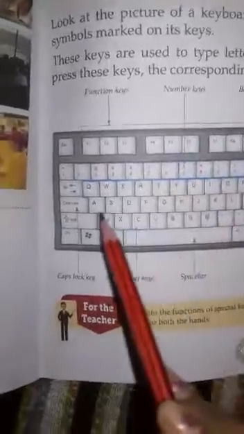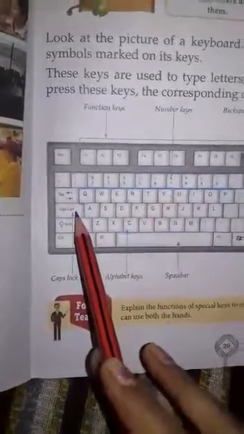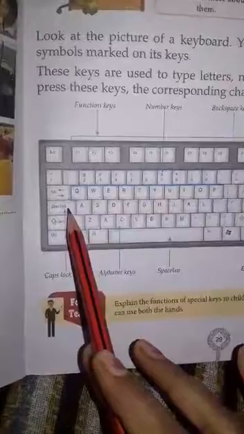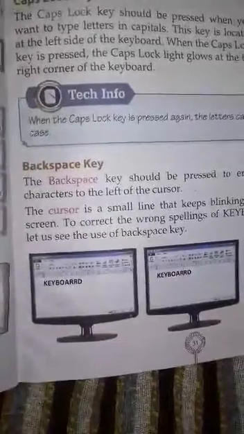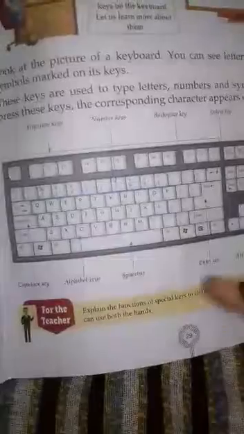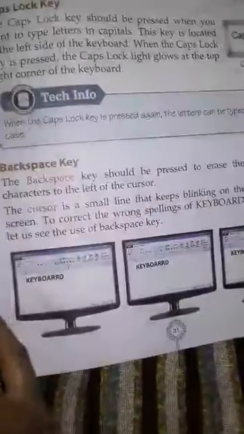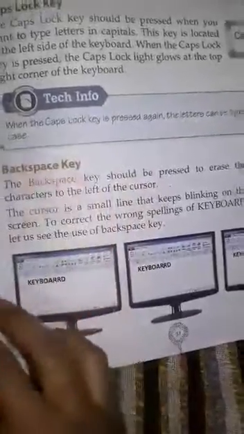See here children, this is a picture of your keyboard, and here on the left side you can see the caps lock. When you press this key, a light glows at the top right corner of the keyboard, and you can type the letters in capital.